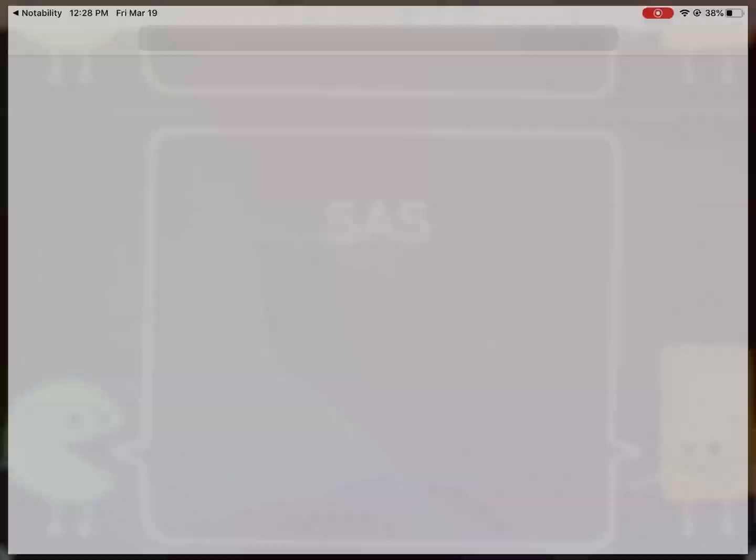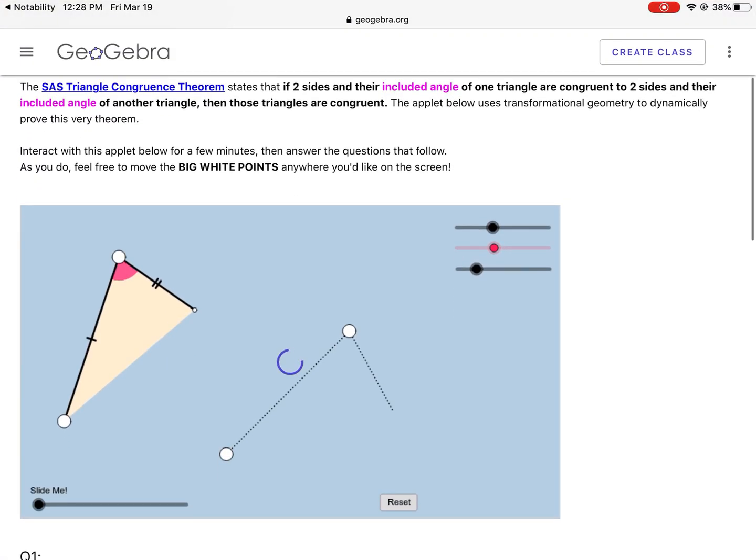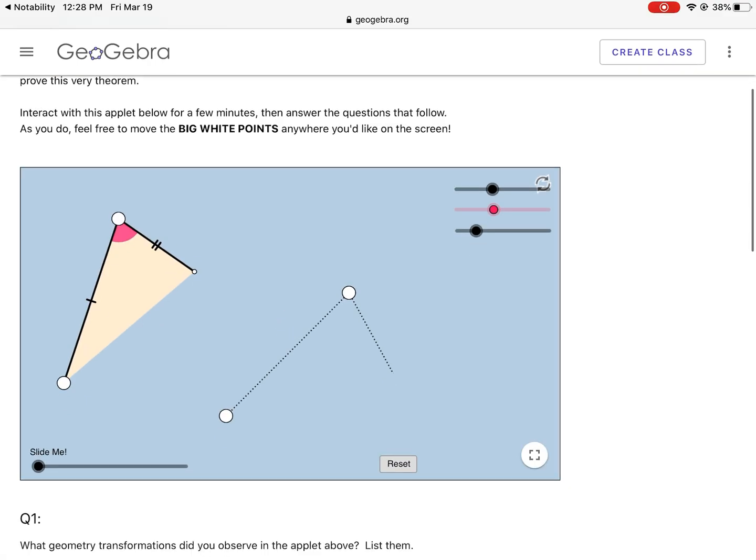With side angle side, I'm going to keep the 2 sides and copy the angle over exactly as it is. And then the only way to connect the dots on those last 2 is with that same 3rd length.